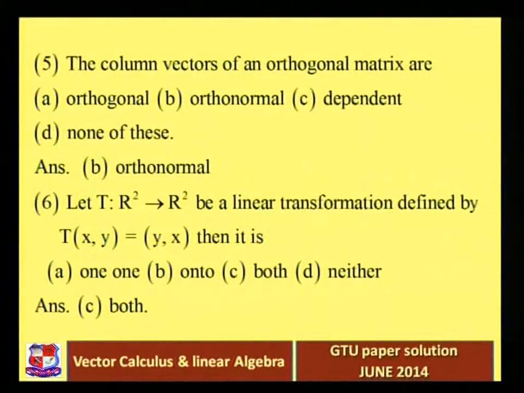The same situation happens here. Our standard matrix is [0 1; 1 0], and that's why the determinant is -1, and our transformation is one-one and onto both. So the correct answer is both.